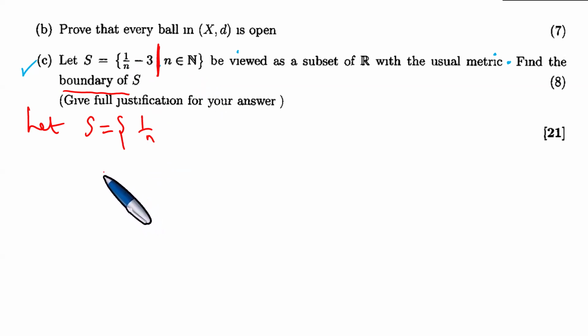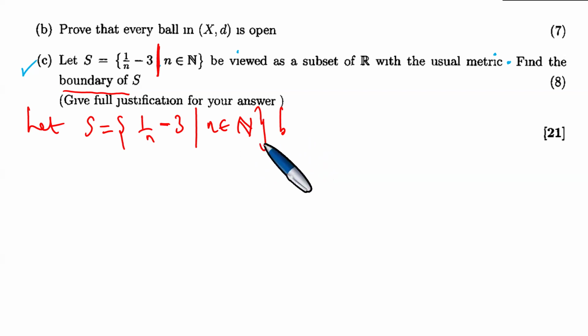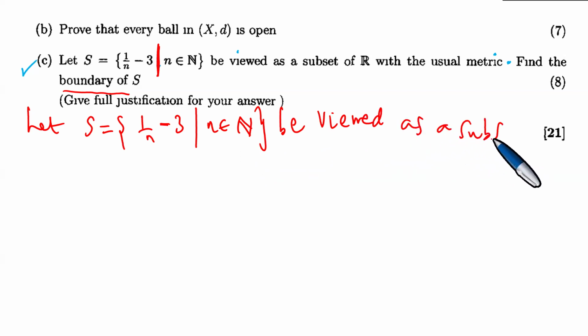Find the boundary of S. So to find the boundary of S, we let S be equal to the set of 1 over n minus 3 such that n is an element of the natural numbers, be viewed as a subset. Okay, we're yet to discuss some background today. As a subset of the real numbers with the usual metric.